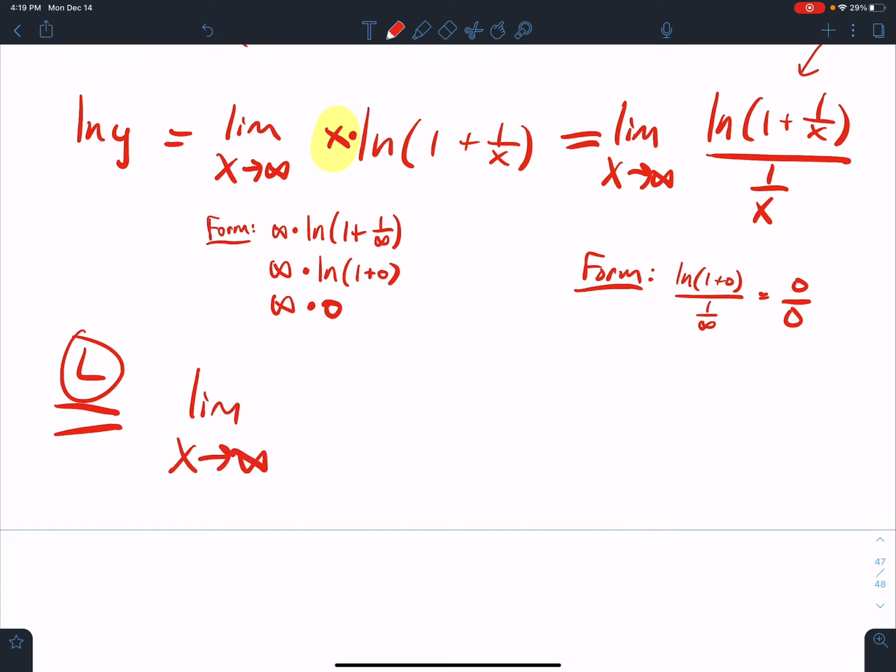If there's one thing you take away from this video, by golly, you do not use L'Hopital until you get a form 0 over 0 or infinity over infinity. That is very important that you understand what you got to do there to get the right answer. Okay, so off the soapbox.